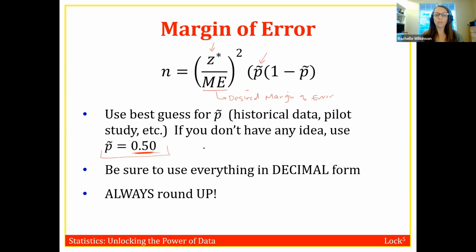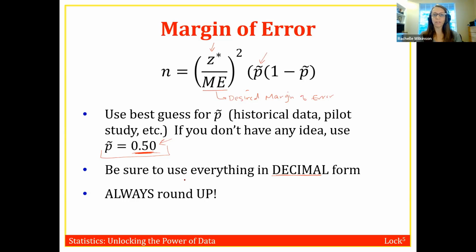Because we use an alpha level of 0.05 a lot, sometimes students get the 5 and the 0 mixed up. But for P tilde, if you have no idea, the value is 0.5, which is 50%. And we're always going to use everything in decimal form. So that's going to be your margin of error and your P tilde value. And we're always going to round up.